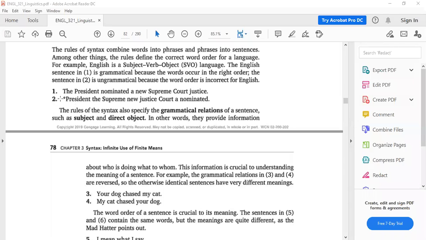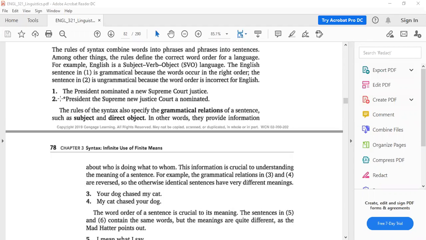So the problem in 2 is that sentence 2 does not follow what? The word order, or the correct word order. Yes, it does not follow the syntactic rules of word order in English.